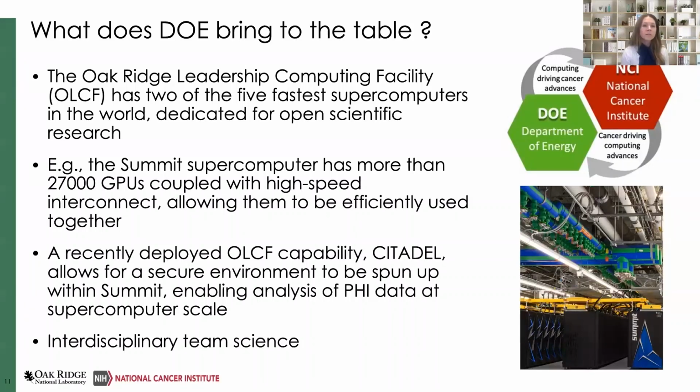And so Oak Ridge Leadership Computing Facility has 2 of the 5 fastest supercomputers in the world that are dedicated for open scientific research. So if you're a computer geek, that's super exciting. And we are able to use that for the research that I will be showing you today.